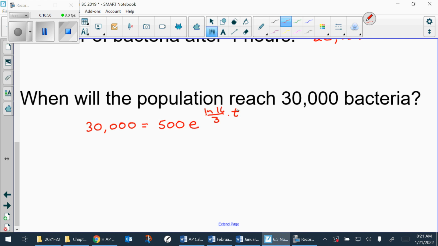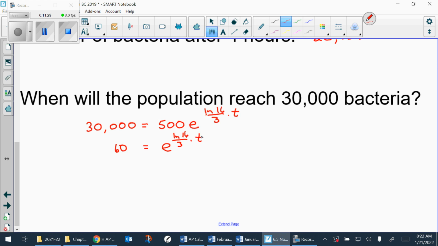So if I want to get t all by itself, I think the first thing I'd probably do is divide by 500. If I divide both sides by 500, I really believe I'm going to get 60 equals e to the natural log of 16 divided by 3 times t.